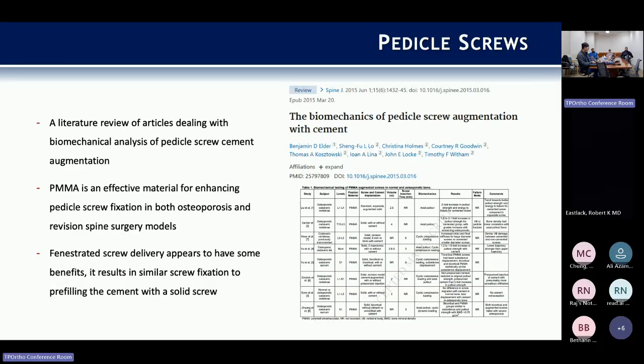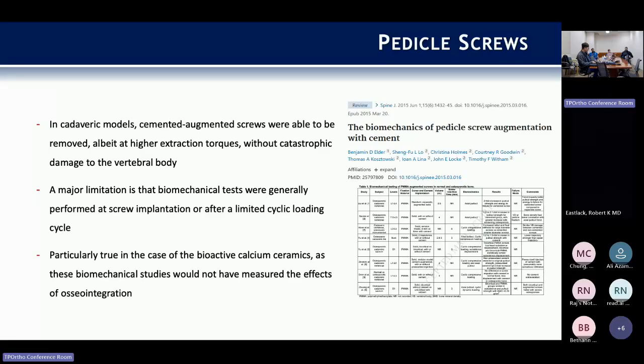Moving on to cement augmentation in osteoporotic spines, this can significantly enhance screw fixation. This was validated by multiple biomechanical studies showing increases in insertion and extraction torque, and they didn't see any catastrophic failure on removal, which could be a concern.